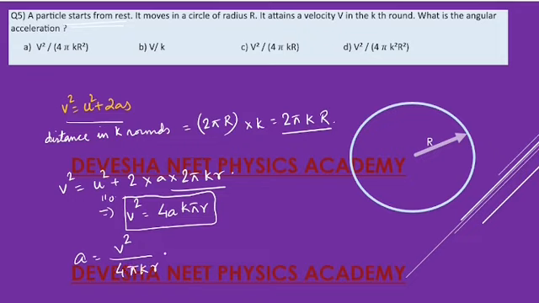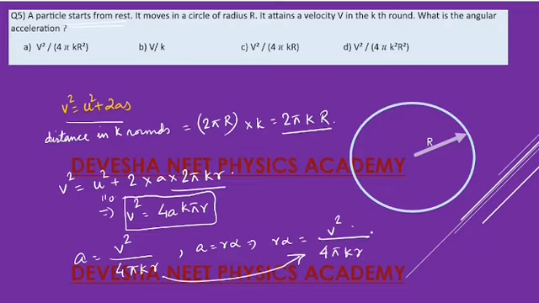Now we had discussed earlier that a is nothing but r alpha, so r alpha is equal to v square upon 4 pi k r, right? We're just using this formula here, just copy pasting this formula.